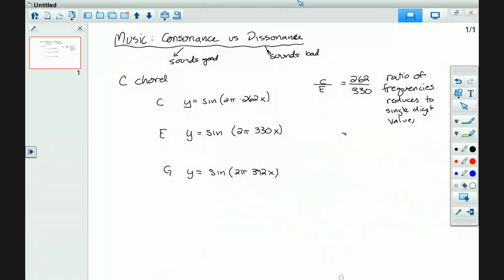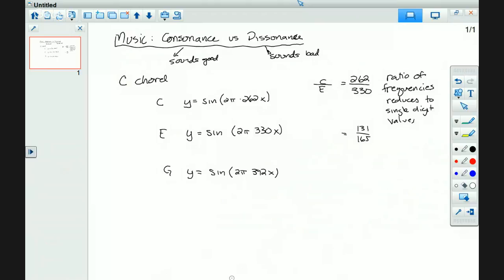All right, so what can I divide both of these by? They're even numbers. Divide by 2. Very easy. So I get 131, 165. Is that right? I believe it is.